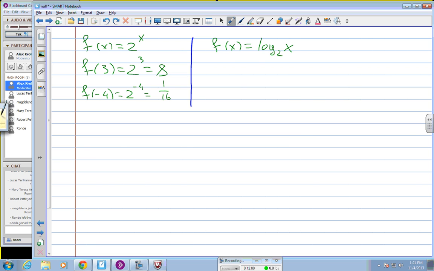So if I ask you, what is f of 8? So this is log base 2 of 8. What I'm really asking is to what power I need to raise 2 to get 8.